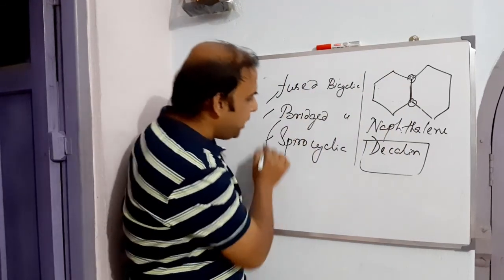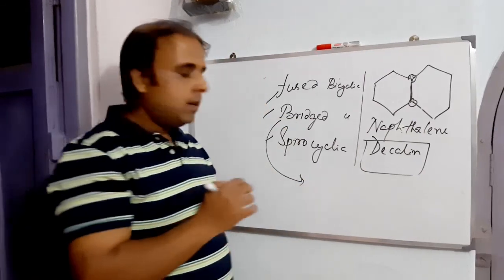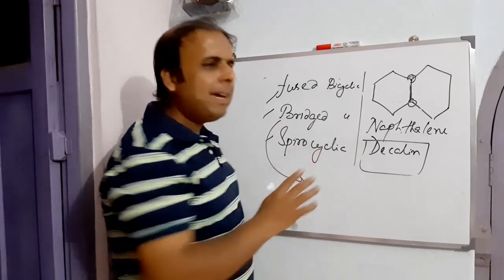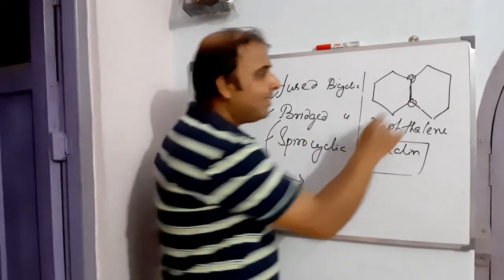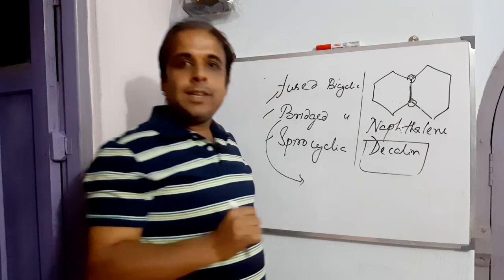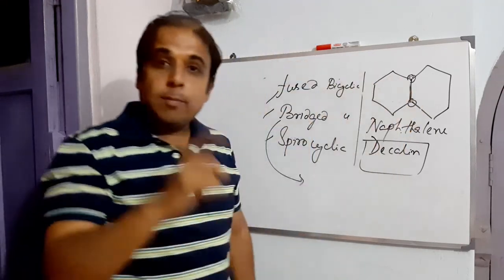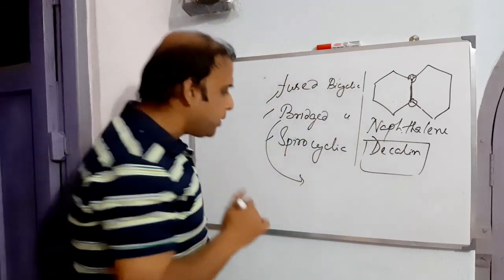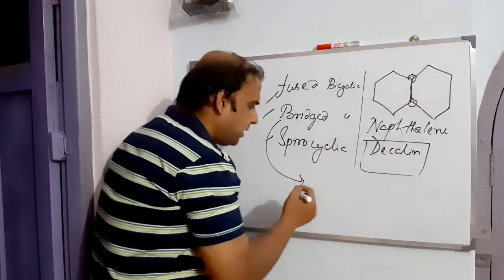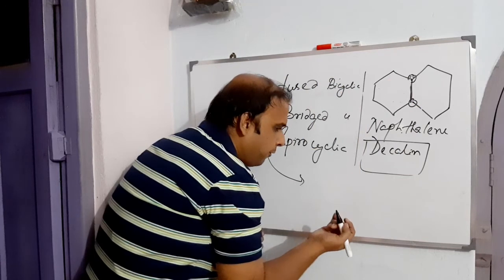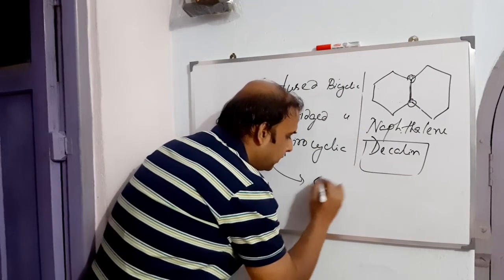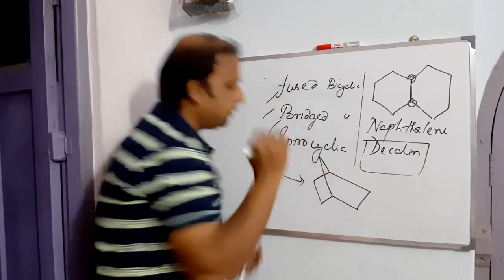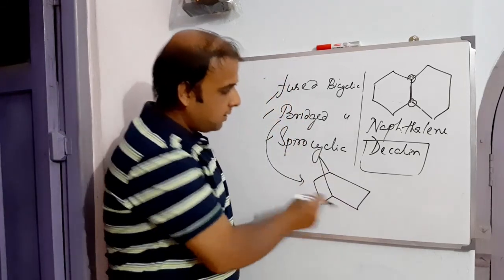Now coming to bridged bicyclic. How does a bridged one look? Though it is a bicyclic system, you won't find adjacency of the common atoms. If we try to figure it out, it is something like this, the basic form.